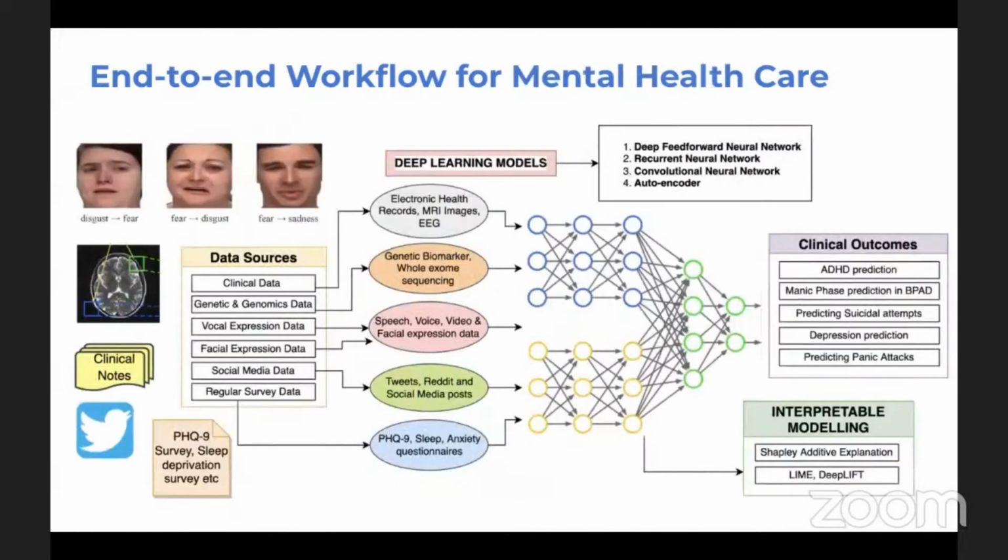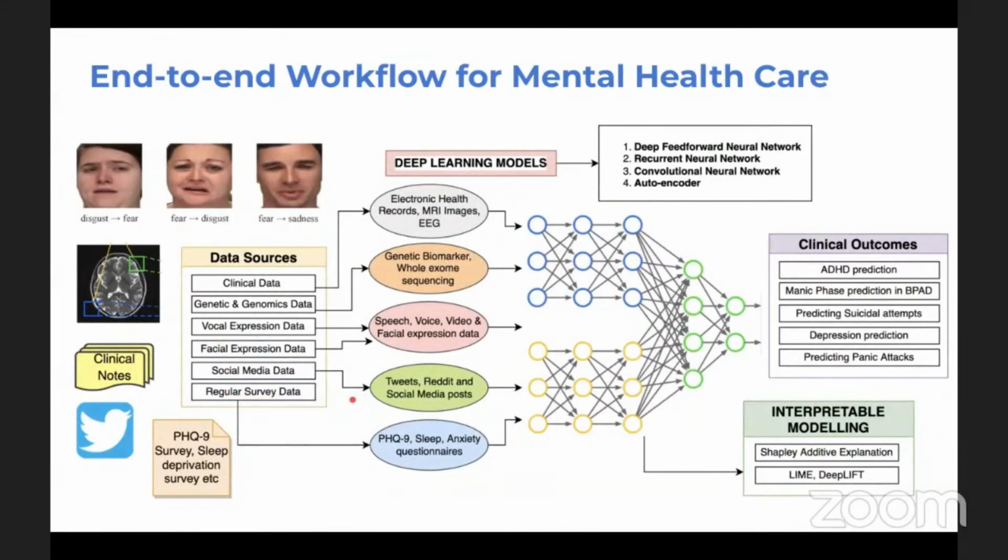For mental health, it's a very important topic coming up: predicting suicides, predicting depression attacks and panic attacks, and manic phase prediction in bipolar disorder. For this, the data source is much more comprehensive: clinical data, genomic data, and vocal expression data, because how the person is talking over the phone changes, and the facial expression changes, plus social media and regular surveys.